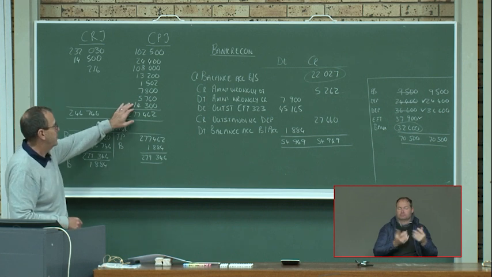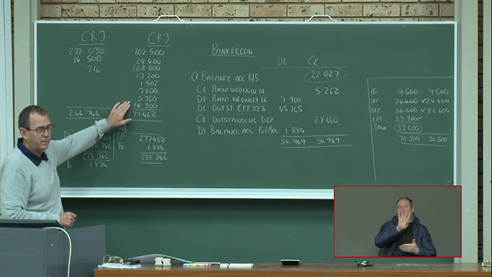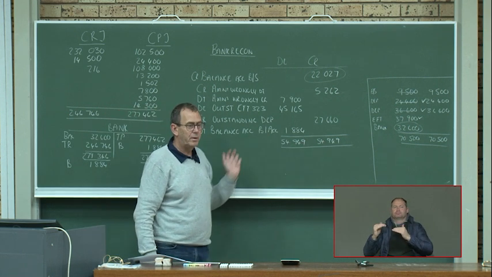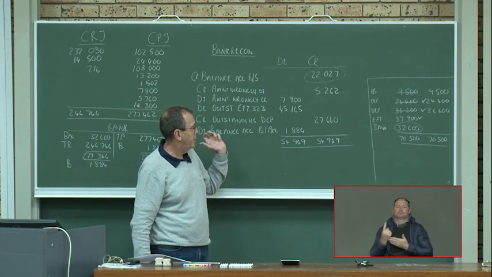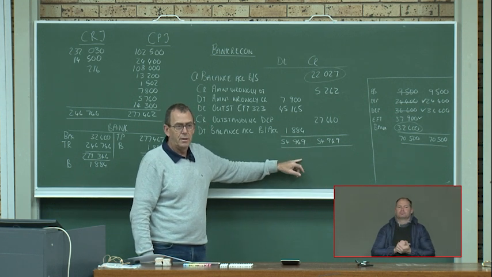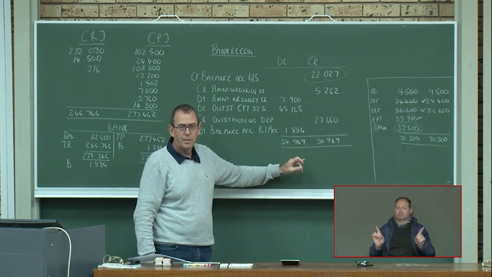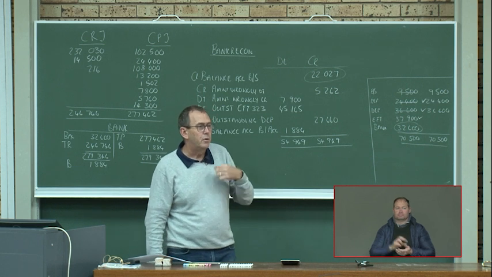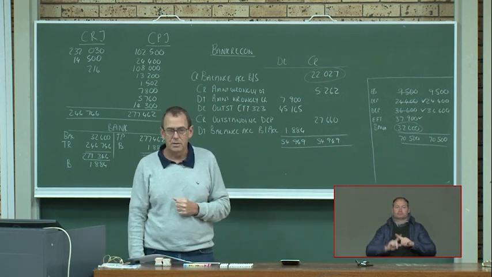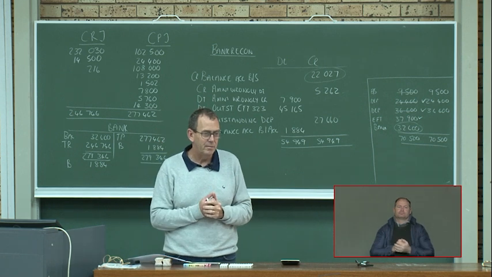Let's say you left out that 14,300. What will happen to my bank recon if I bring the bank balance over? What will happen to these two totals? They will differ. Am I right? And remember, your bank recon may never differ, the totals. They must always be the same.